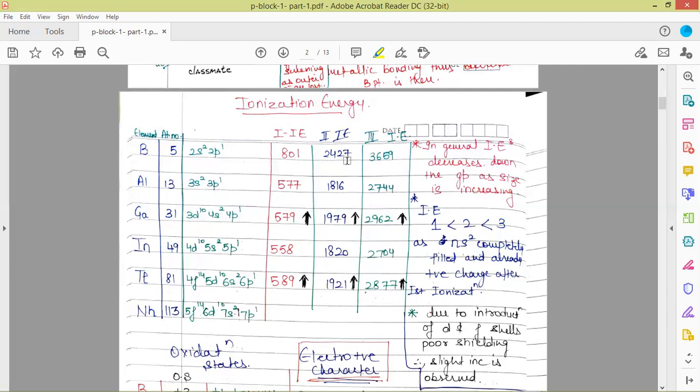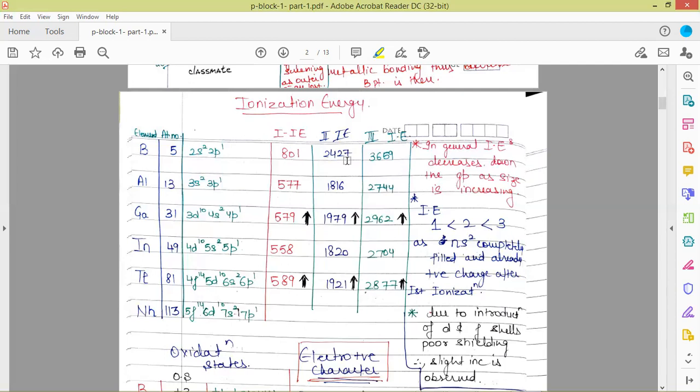And if we see for gallium, there is a small, exceptional increase in the ionization energies. If we move down the group, in general, the ionization energies decrease. But if we compare aluminium and gallium, there is an increase in ionization energy for gallium.